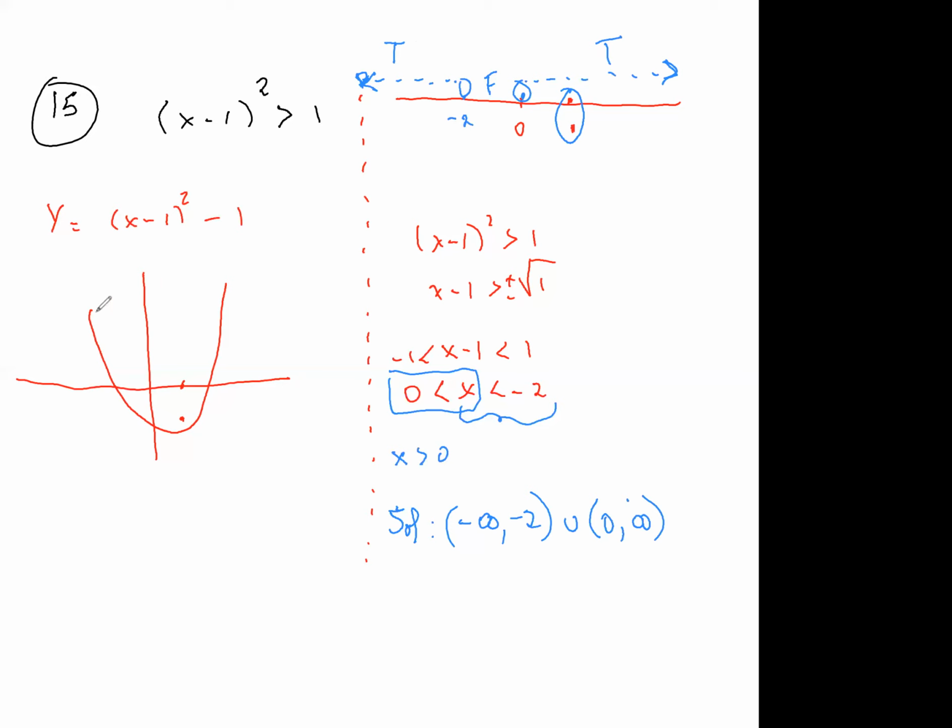Okay, let me grab this one again because the sketch was not clear. I know the vertex is positive 1 and 1. Now I look for the intersections.